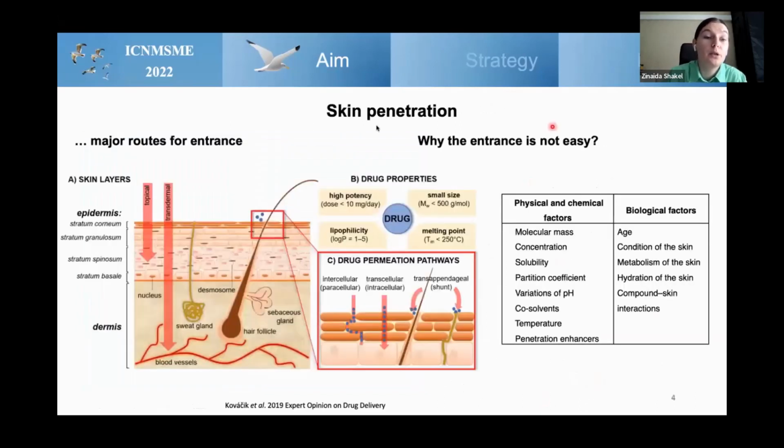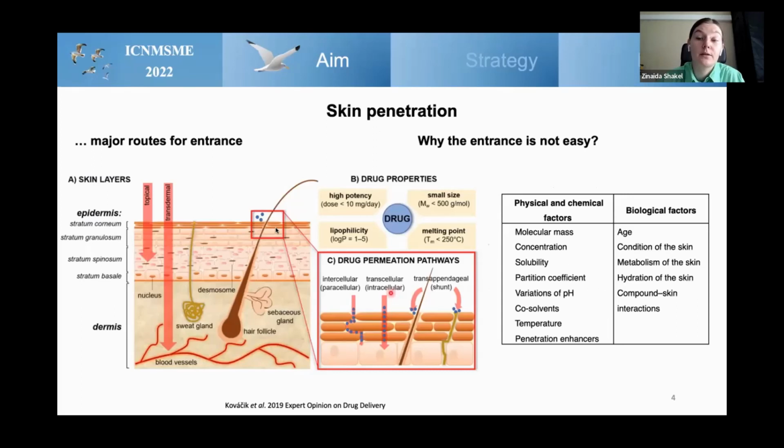What do we know about skin penetration? There are 4 main pathways for a drug or active chemicals to enter the skin. First is penetration between corneocytes, which I mentioned before, via intercellular lipids. It's the most important pathway.